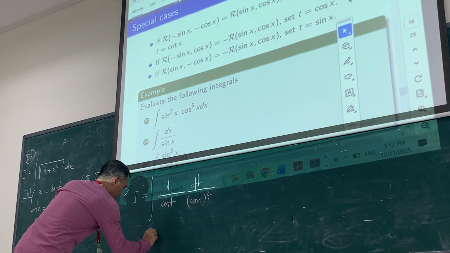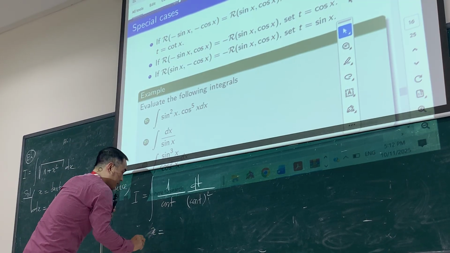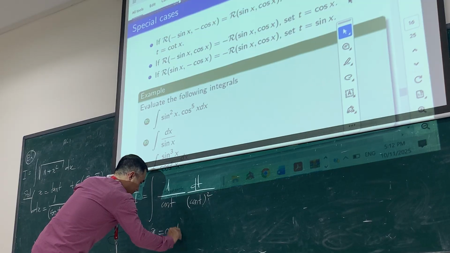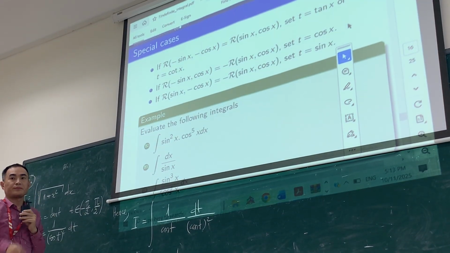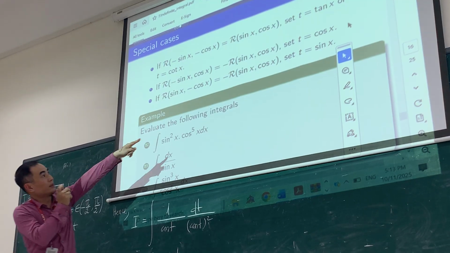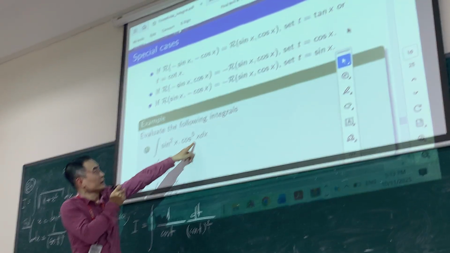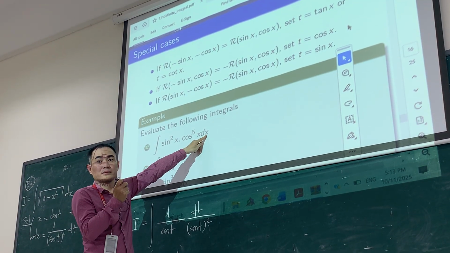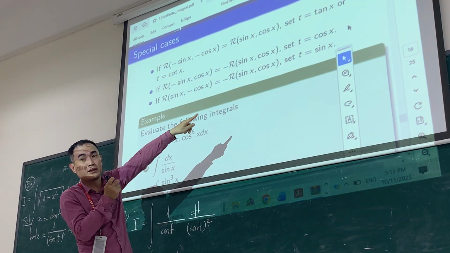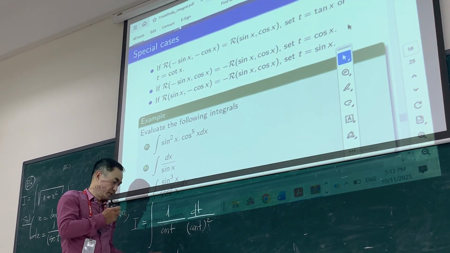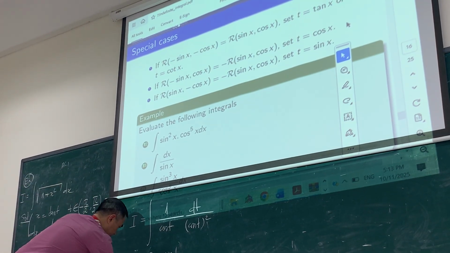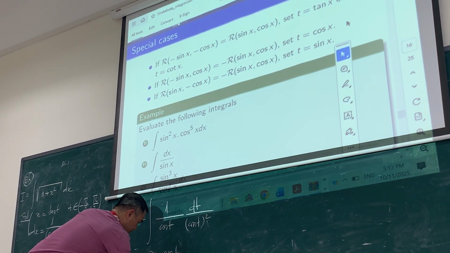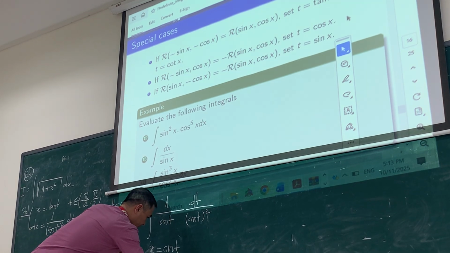So x equals sin t, and dx is equal to cosine t dt.